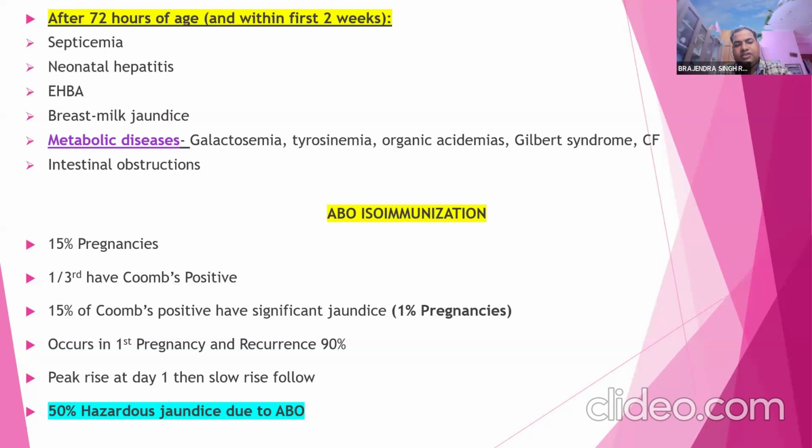So 50% of hazardous jaundice is due to ABO mismatch. It means ABO mismatch is very dangerous. So we strictly ask for ABO mismatch because this can lead to maximum morbidity due to neonatal jaundice.